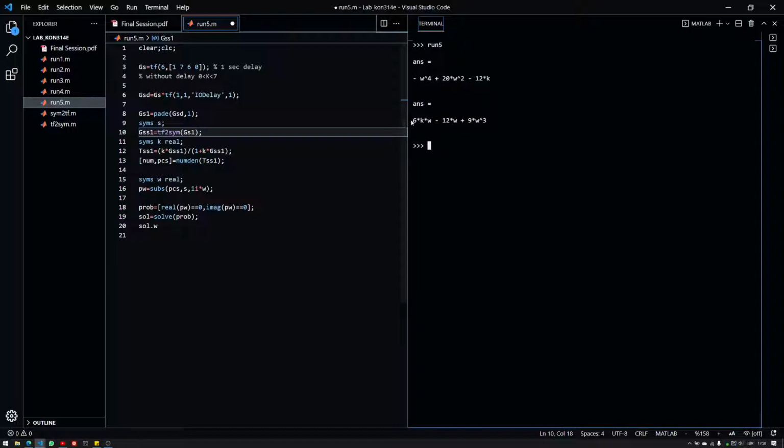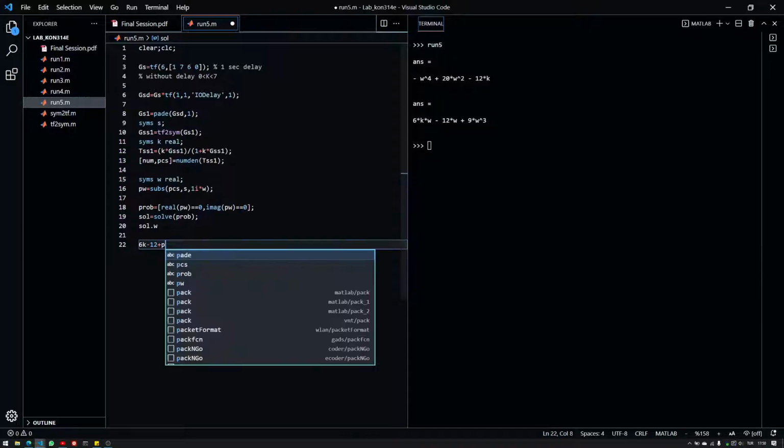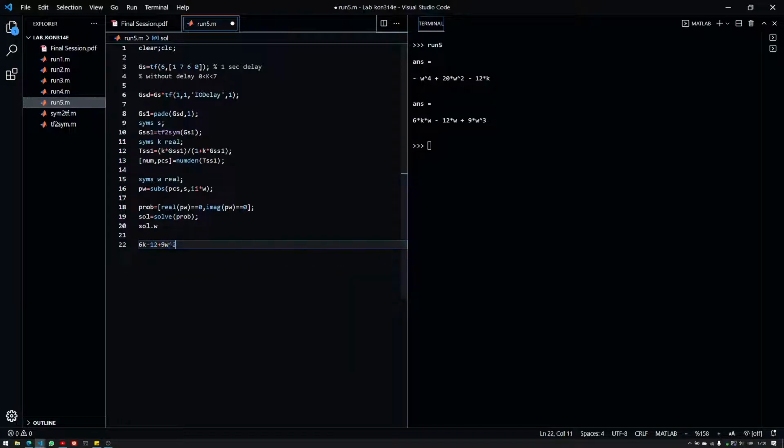If you factor that out, you have 6k minus 12 plus 9 omega squared. And then the one on the top would also have minus omega to the fourth. So this is equal to 0 and this is equal to 0.